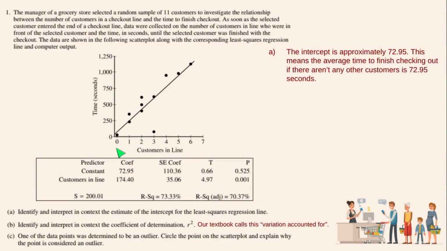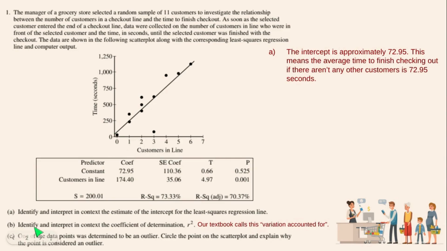And for a y-intercept, the x value is 0, and the input is going to relate to the customers waiting in line. So if we have 0 customers in line, then the time in seconds that we're going to have to wait, we predict, is 72.95.